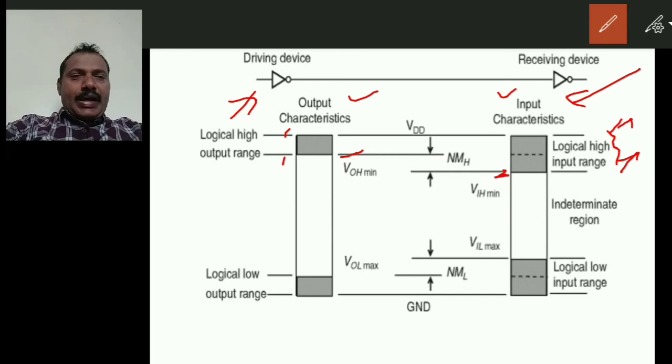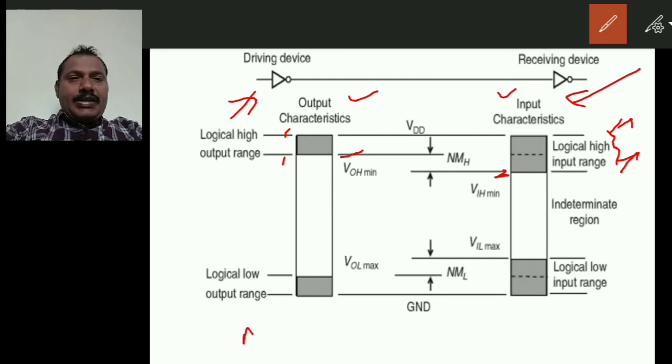Already I told you that VOH must be greater than VIH, then only it is compatible. And the difference of these two is called noise margin for logic high.